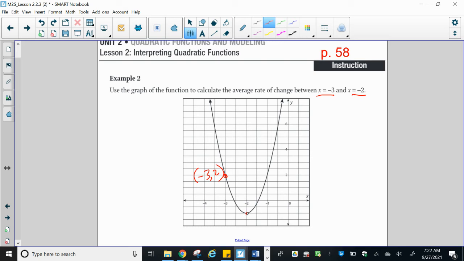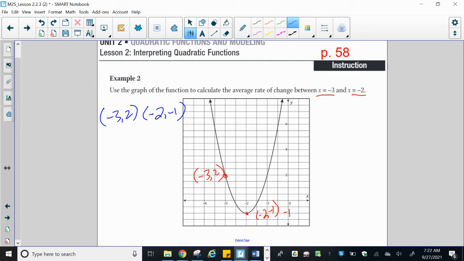And then here at -2, if we look at the way this is labeled on the y-axis, we went up 4 spots to get up to 2. So if we go down 2, this is really at -1. So our point would be (-2, -1). So we have (-3, 2) and (-2, -1).